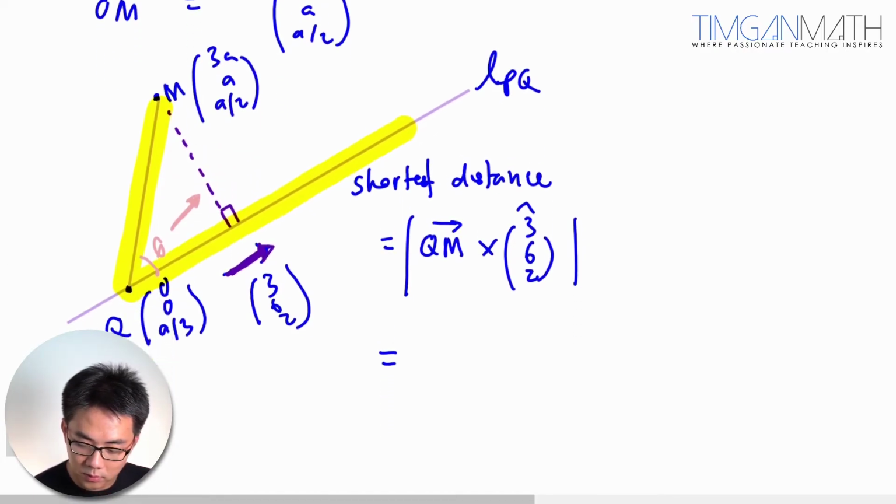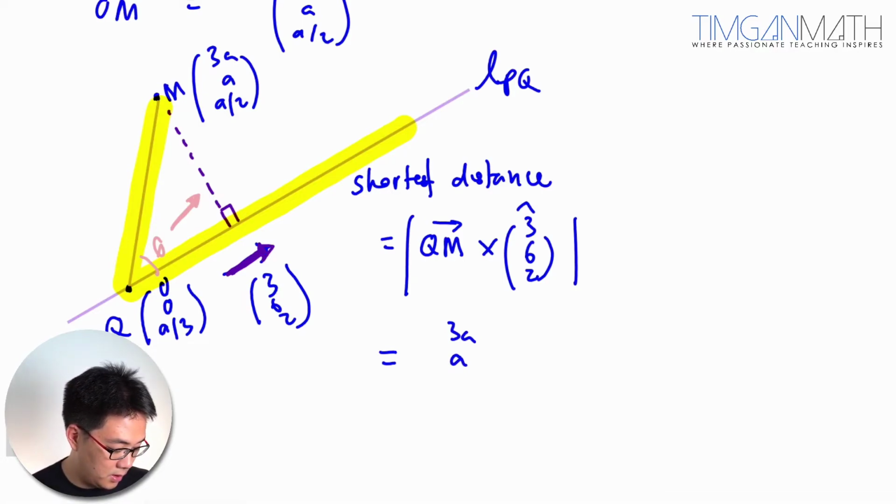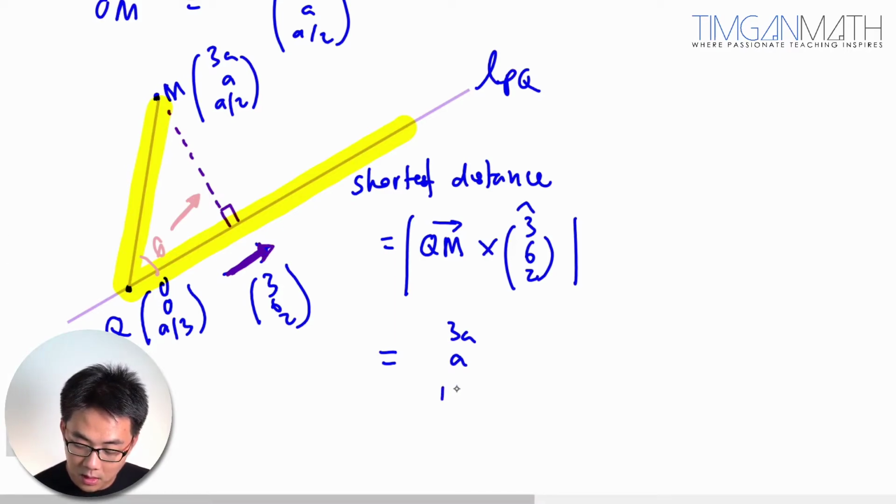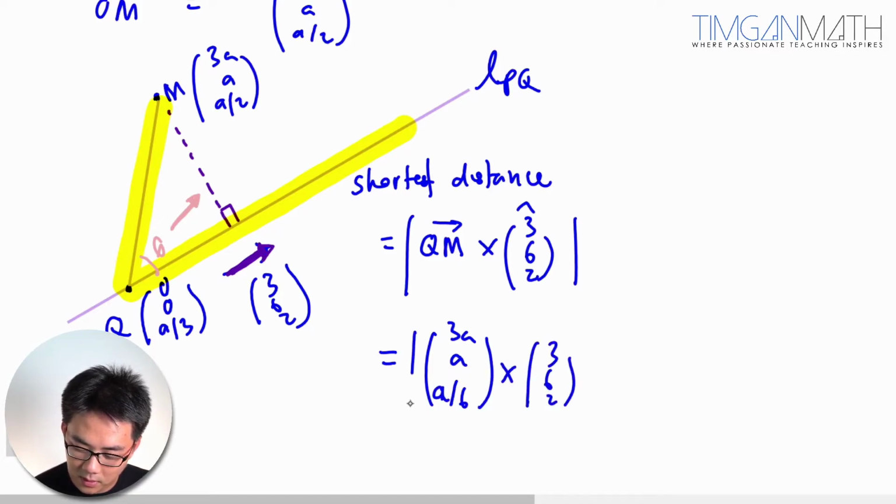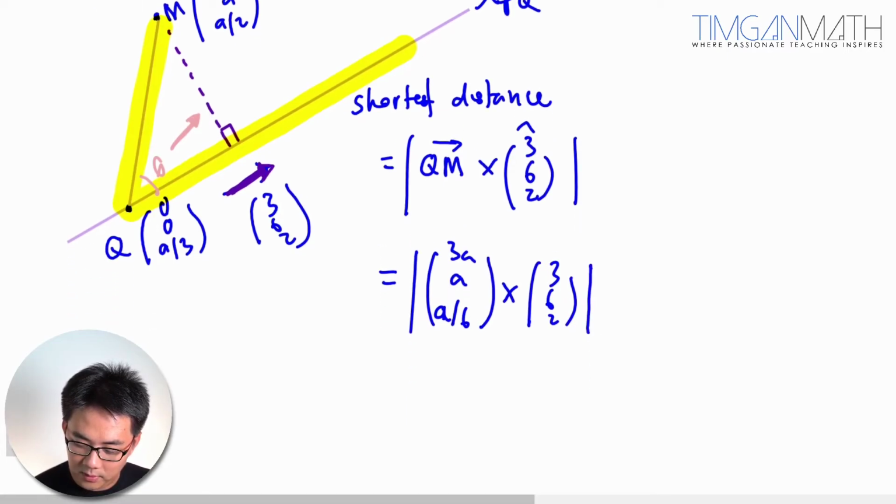So you just need to do the calculation: 3a, half, 1/6, half minus 1/3. I do not trust myself. Okay, so this is 1/6, 1/6, a. Okay, this is 3, 6, 2. Unit vector means you need to divide by its length, so I'm just going to divide by its length.